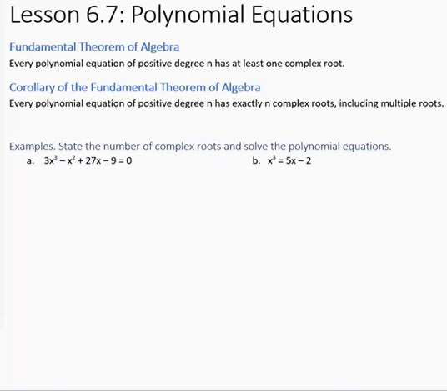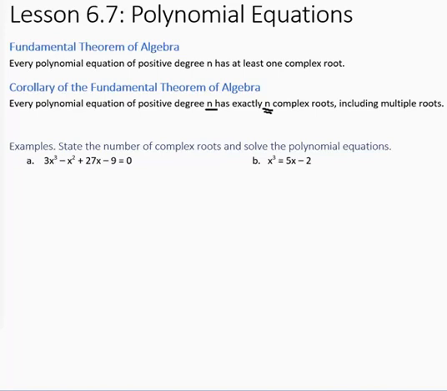That says every polynomial equation of degree n has at least one complex root, and the corollary, or another theorem that's easily proved from this theorem, states that every polynomial equation of degree n has exactly n complex roots, including multiple roots.